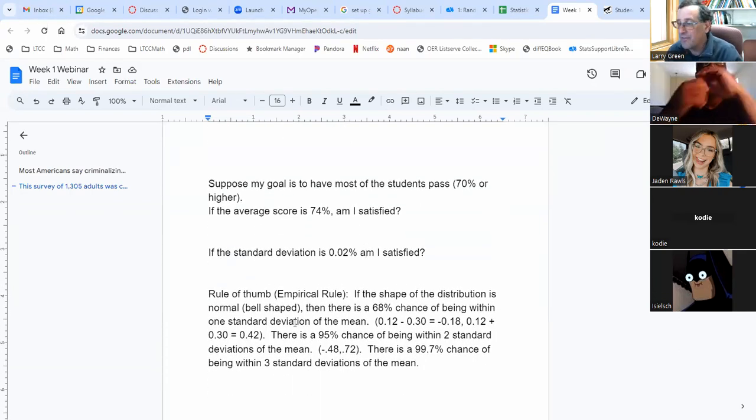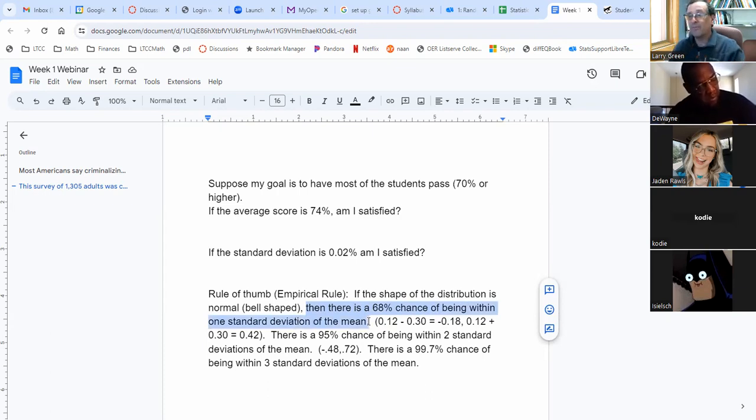Here's something really important, and this is called the empirical rule. Some people call it the rule of thumb, but we're going to call it the empirical rule. If the shape of the distribution is normal, remember that was bell-shaped, then there is a 68% chance of being within 1 standard deviation of the mean.